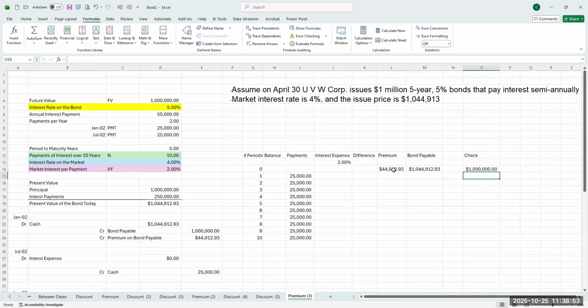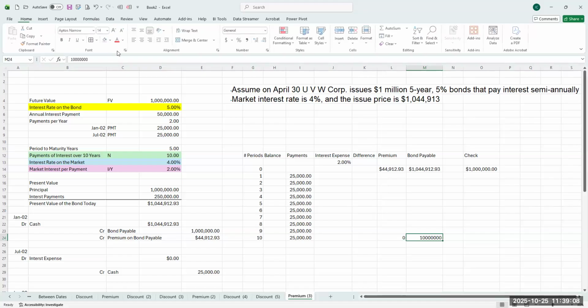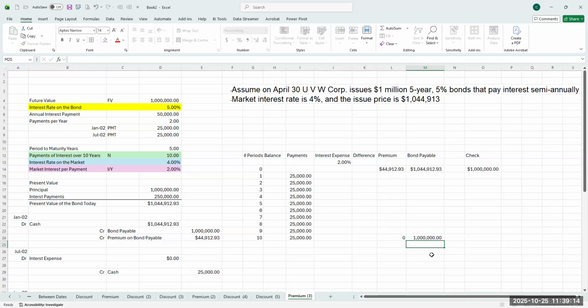Not plus, minus, since we're on the premium. The objective is to bring the premium down to 0 and reduce the bonds payable down to 1 million, because that's how much we have to pay at year 5. That's too many zeros here, one less zero.